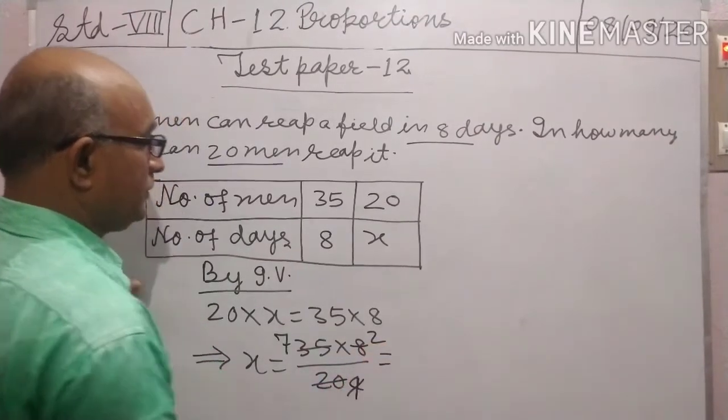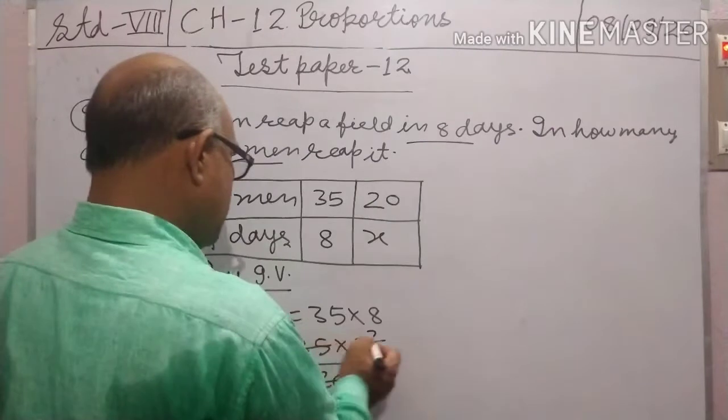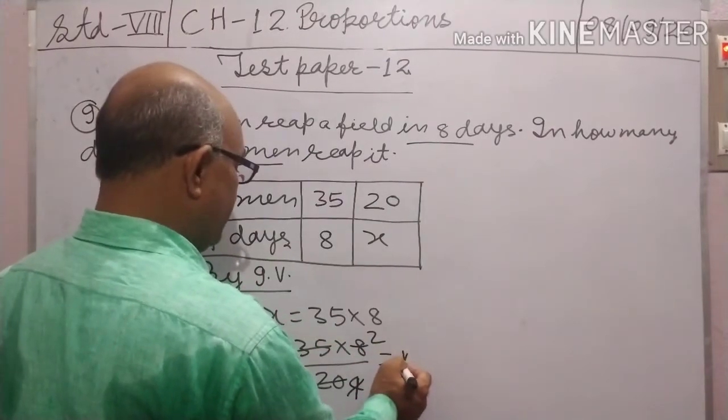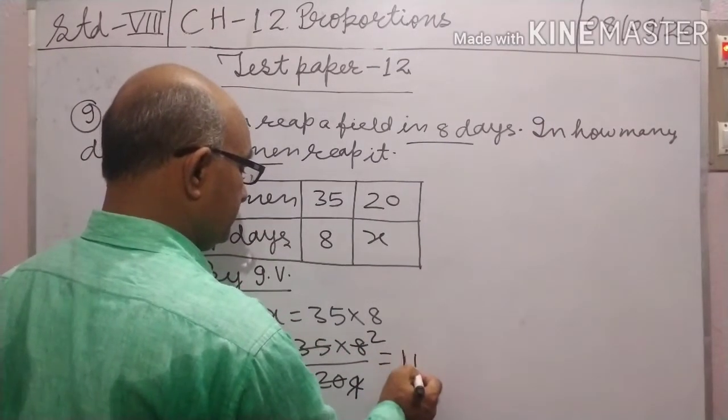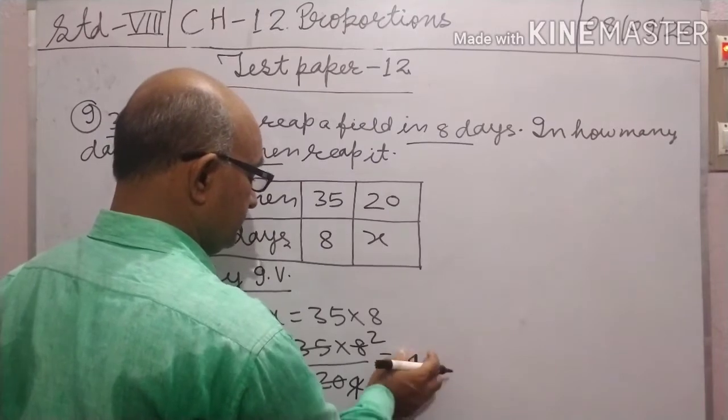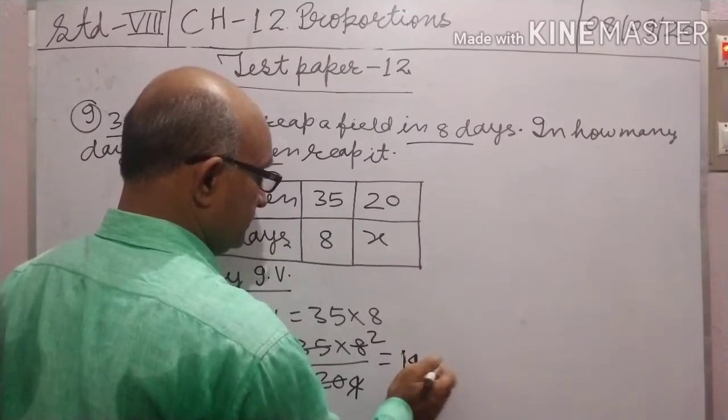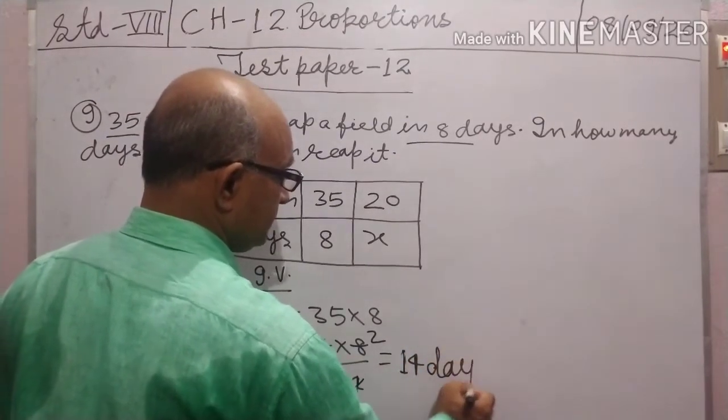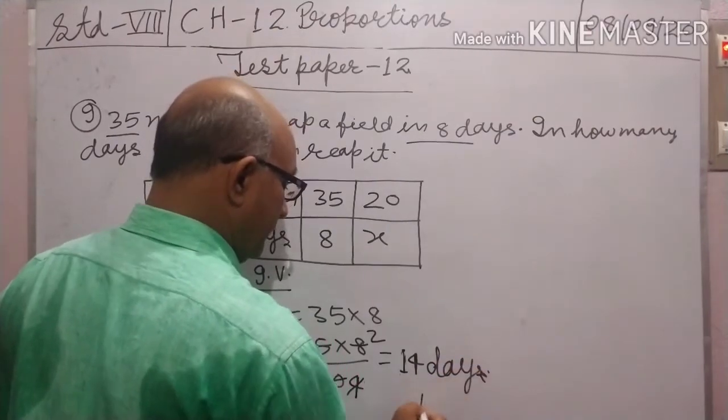So it is 7 twos are 14 days. 14 days, answer.